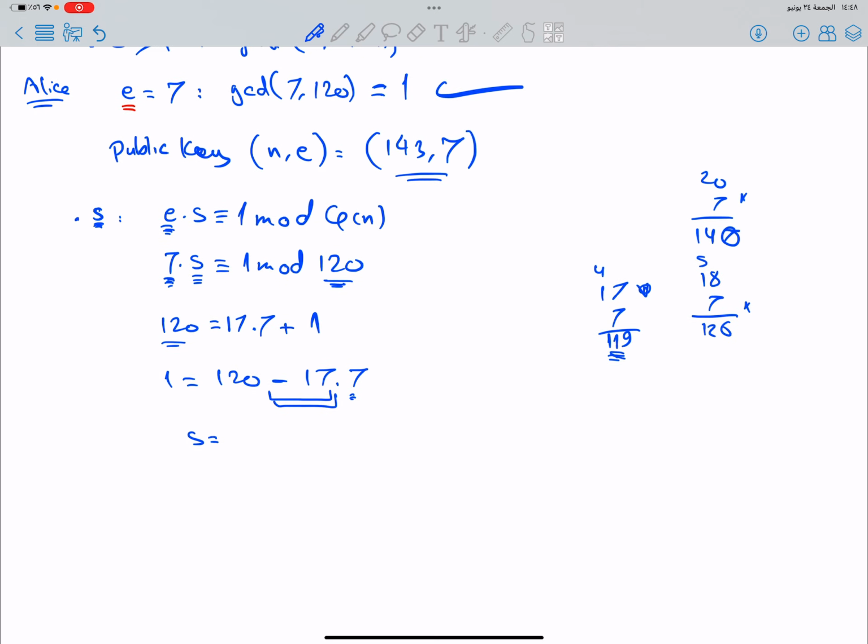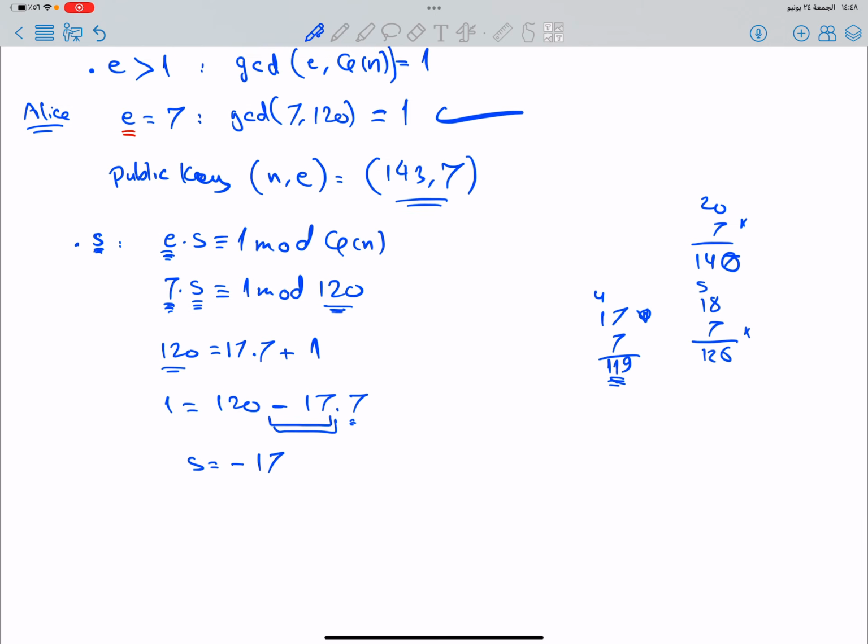And S is minus 17, but we don't want S to be negative. We want it to be positive. E is 7, multiplied by minus 17 is congruent to 1 modulo 120.